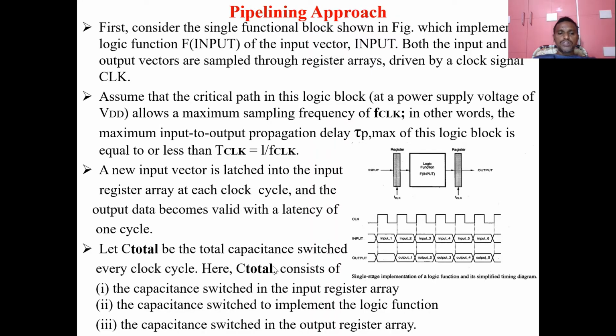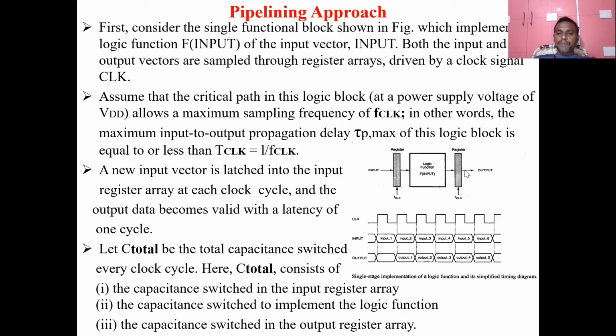C total consists of the capacitance switched in the input register array, the capacitance switched to implement the logic function, and the capacitance switched in the output register array. So here we have two registers, the input register array and the output register array.